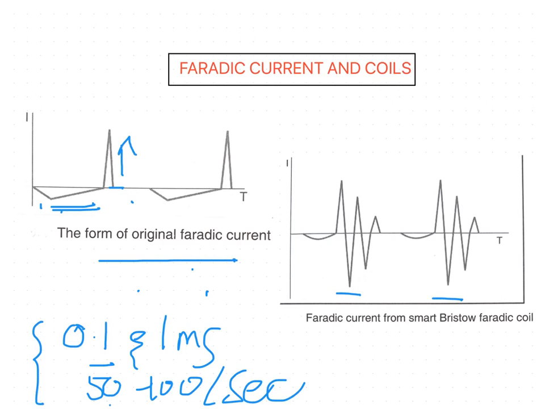These are the two coils used for the production of Faradic type of current. And nowadays in the modern electrical stimulator they use a circuit instead of these coils. That circuit is called a multi-vibrator circuit. So we are going to discuss all these three apparatus which produce the Faradic current.